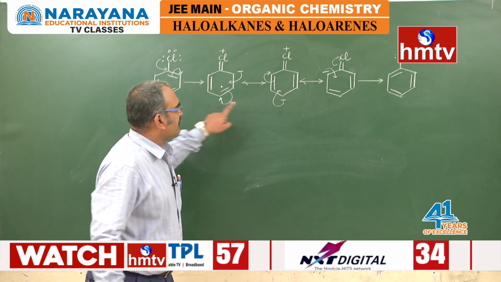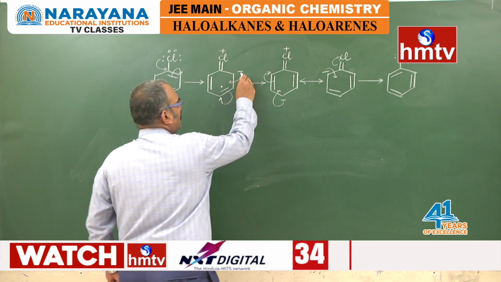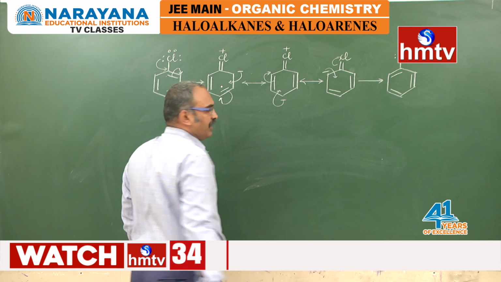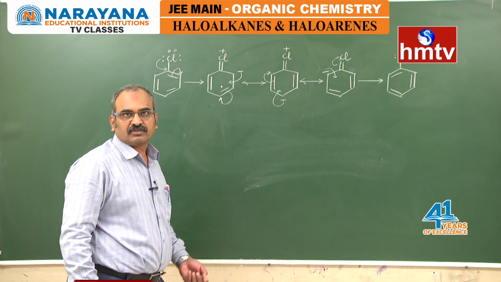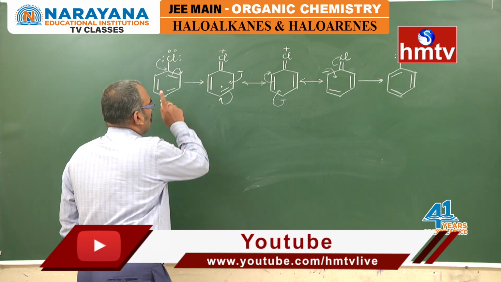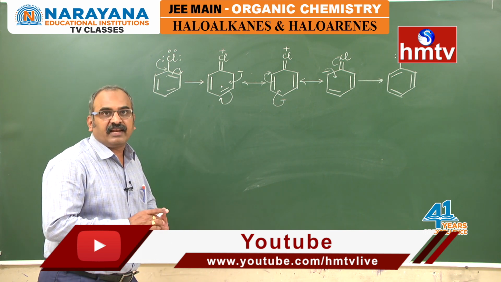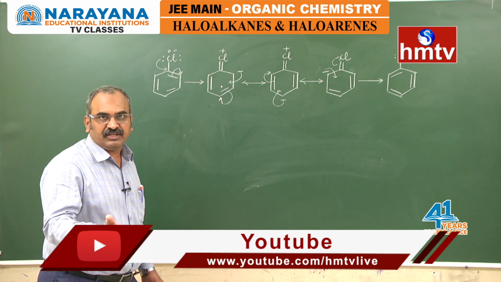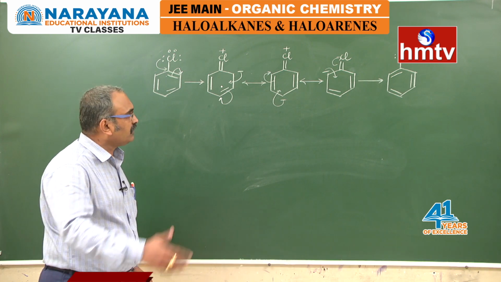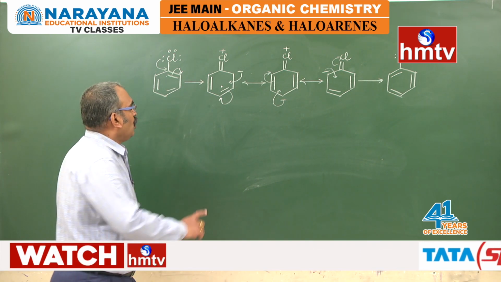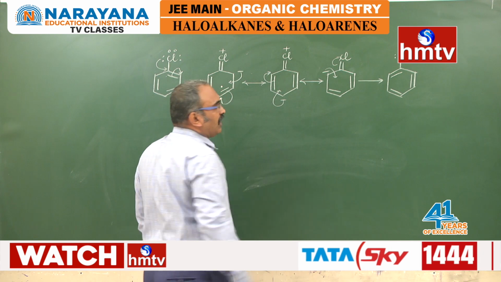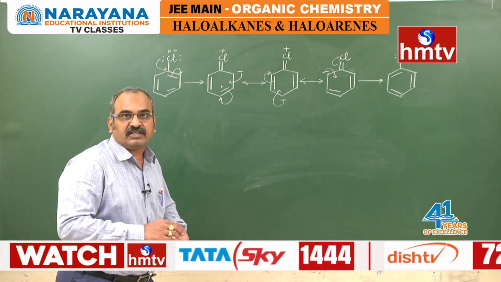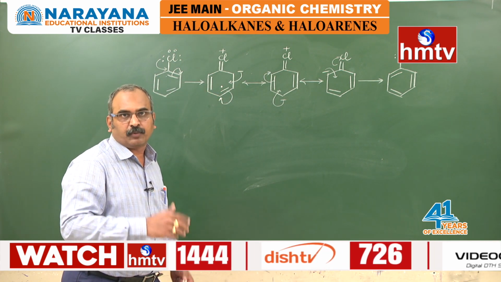If you look at the resonating structures, the ortho and para positions are found to be rich in electrons. So whenever chlorobenzene or any halobenzene is subjected to further electrophilic substitution, the incoming electrophile goes to either the ortho position or the para position, where the electron density is more than the meta position.